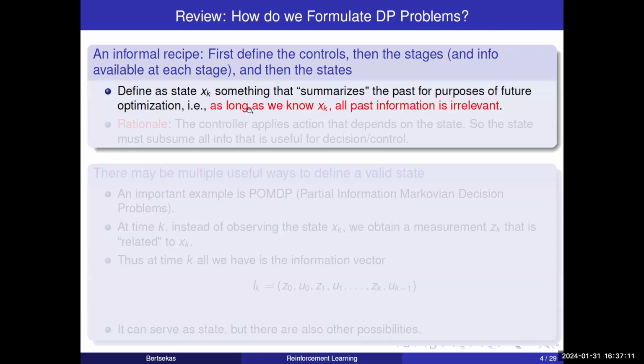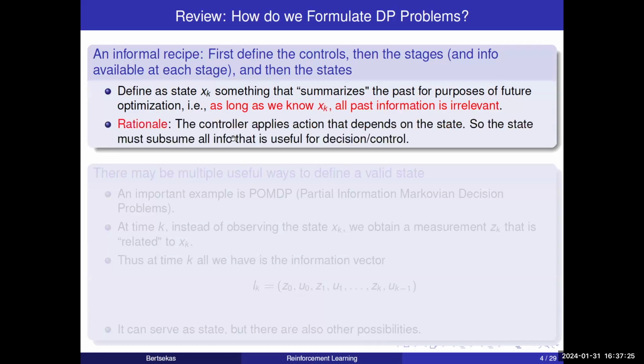In other words, as long as you know xk, all the other information from the past is irrelevant. xk summarizes the essential content of the information that's useful for future optimization. And the idea is that the controller applies action that depends on the state. So the state must subsume all the useful information, useful for decision and control. Now, that's easier said than done, but it's a useful guideline.